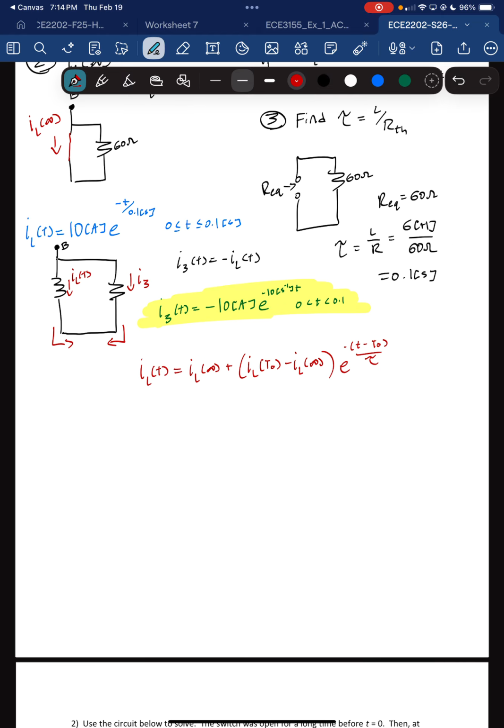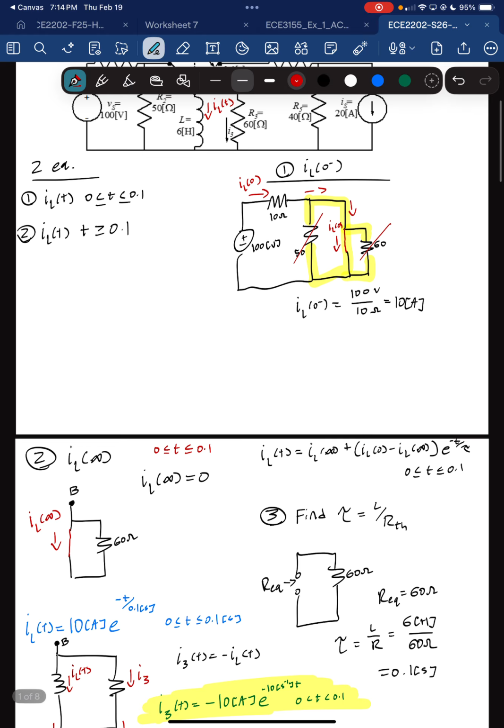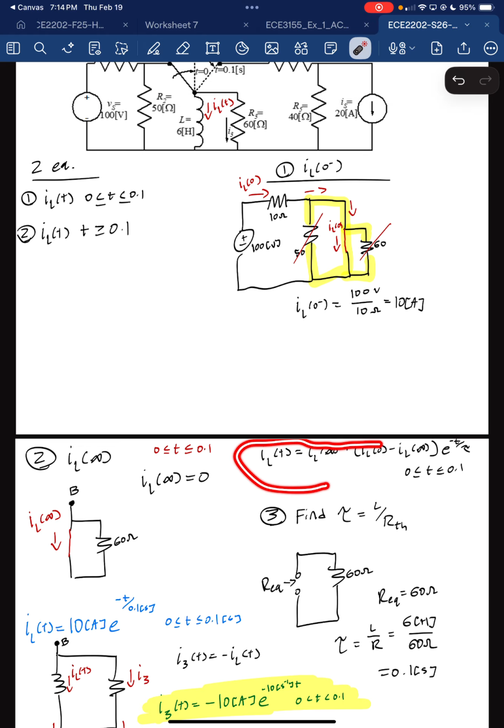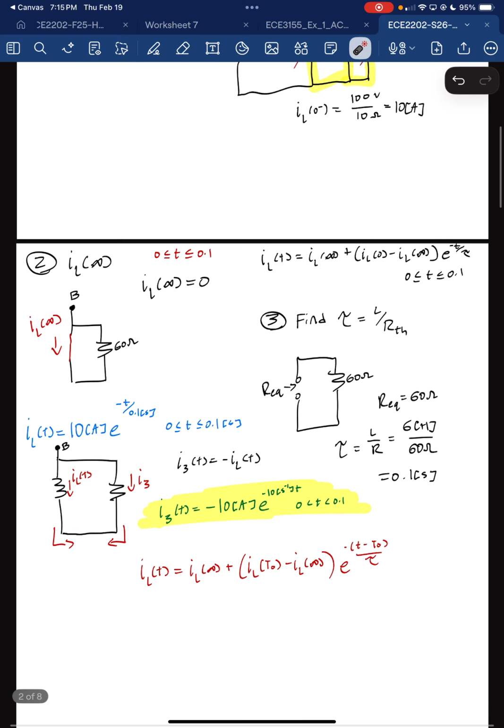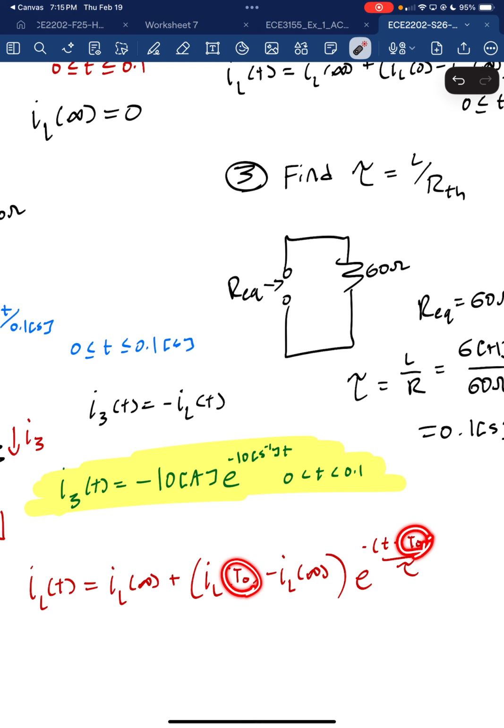Because you have to do the two different time intervals. Yeah, exactly. So essentially this equation comes up whenever you have a switching event that does not take place at t equals 0. So we were able to use this equation for our first IL of t equation because t naught here is just 0. So we just plugged in 0 for t naught in both positions, and we were able to solve like that.